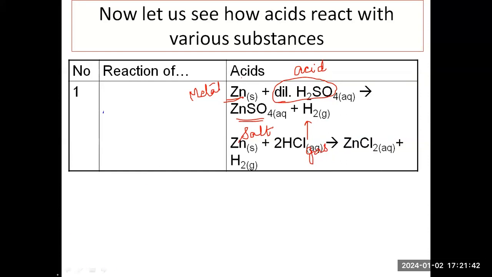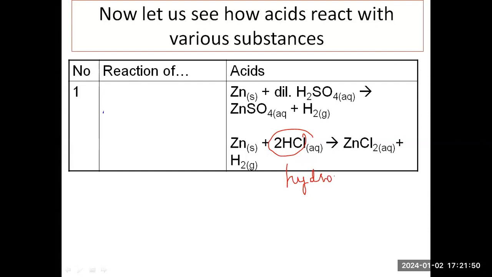The other equation is also a similar one. It shows another acid. This is hydrochloric acid. Hydrochloric acid is reacting with zinc metal to give zinc chloride. Now this is another salt. Here also you get hydrogen gas.